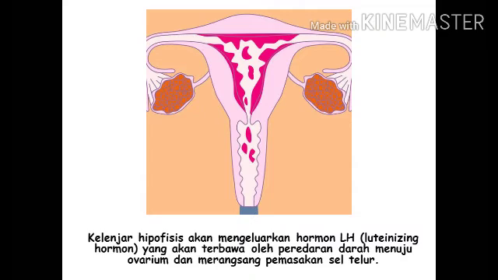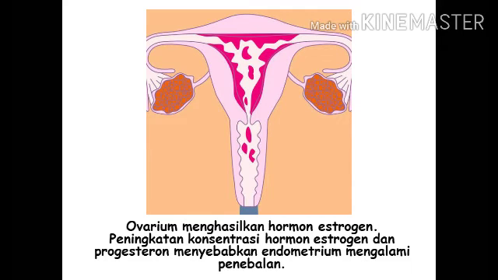First, the pituitary gland or hypophysis gland will secrete the LH hormone, which is carried by blood circulation to the ovaries and stimulates the maturation of the ovum. Next, the ovary produces the hormone estrogen.